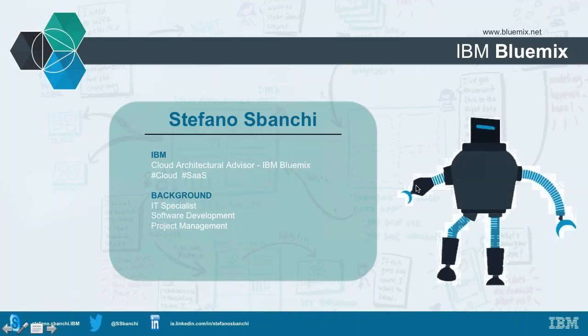First of all, who am I? I'm Stefanos Bankin. I'm an architectural advisor of the Bluemix team based in Dublin, and I have around 10 years of experience in software developing and project management for web application, desktop application, and service-oriented architecture project.